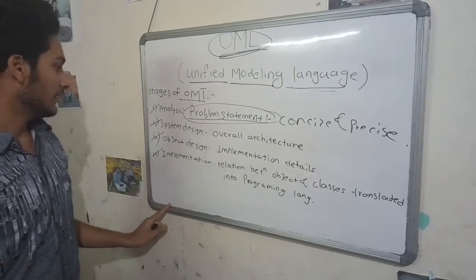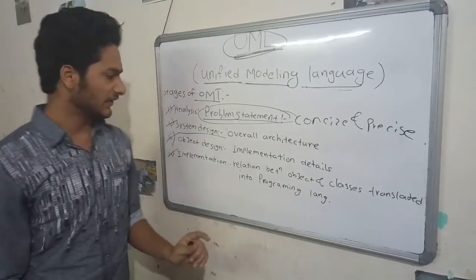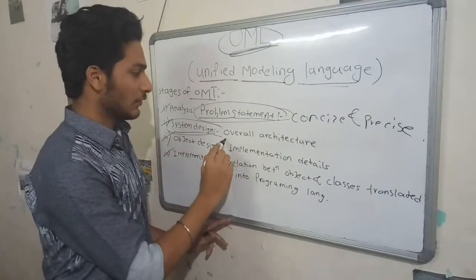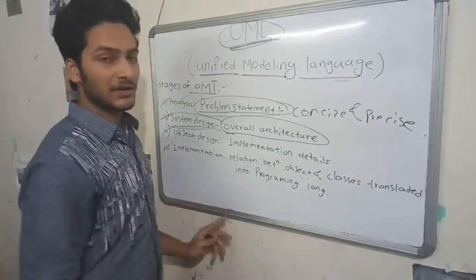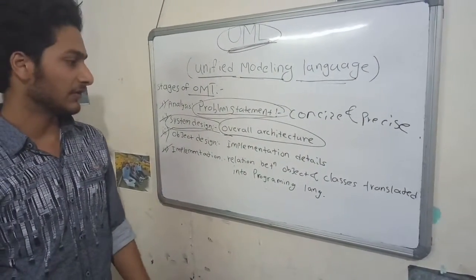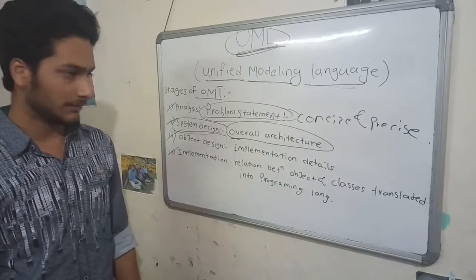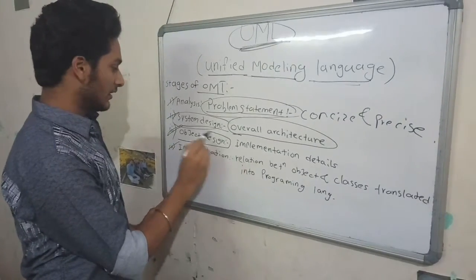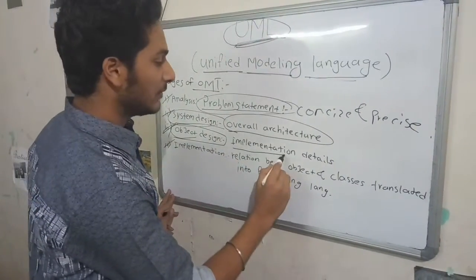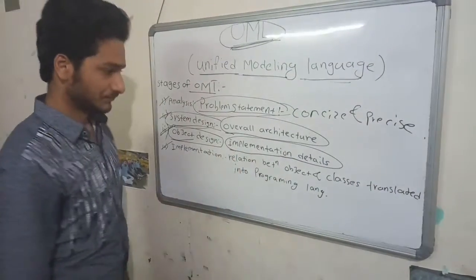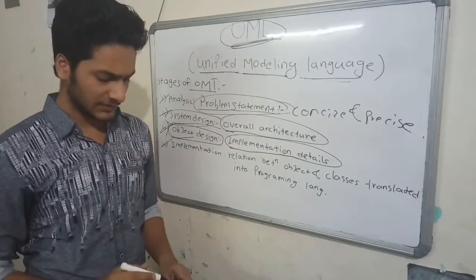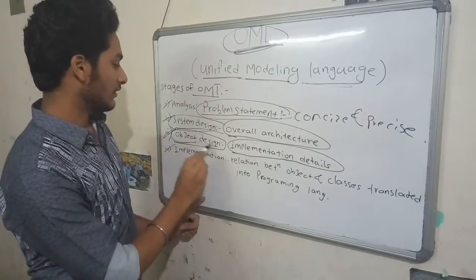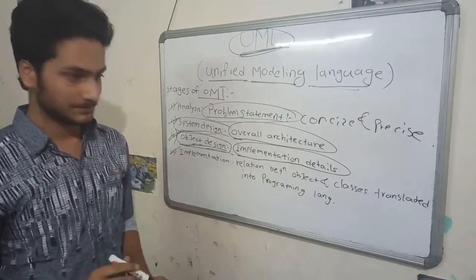The next stage is the system design phase. In this, the system designer fills in the overall architecture of the design. The third phase is the object design phase. It contains all the implementation details of the model, and the object designer keeps the full implementation details of the program.